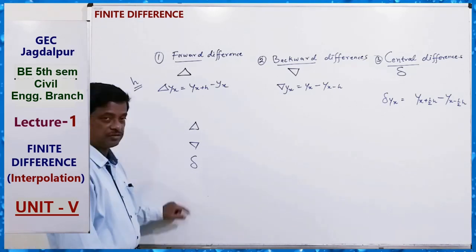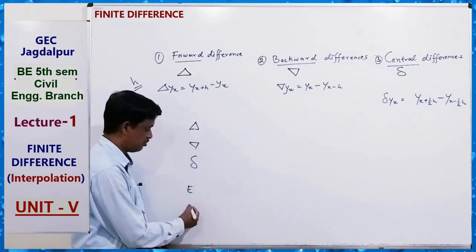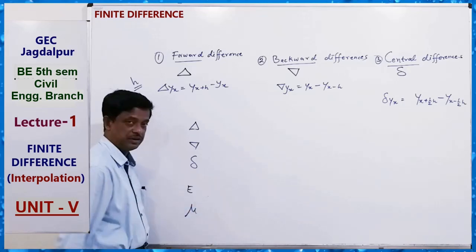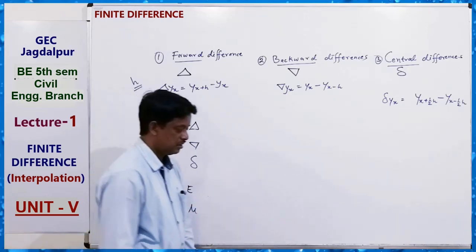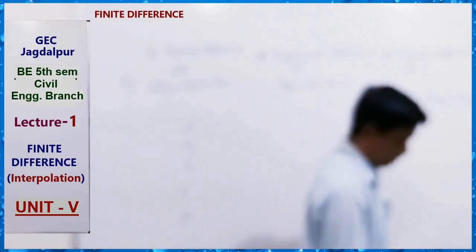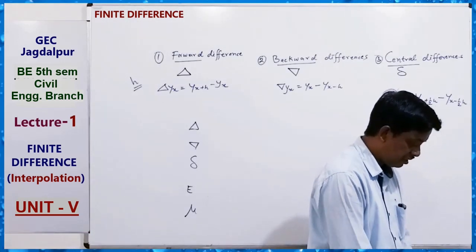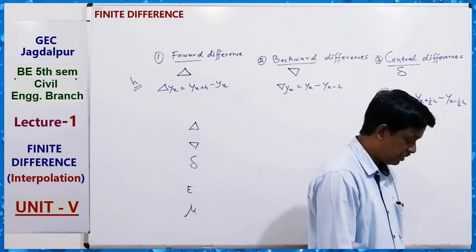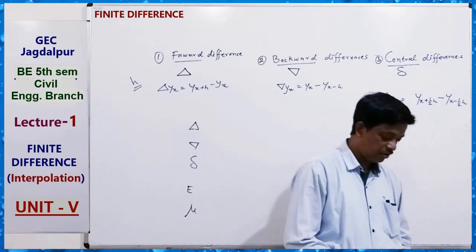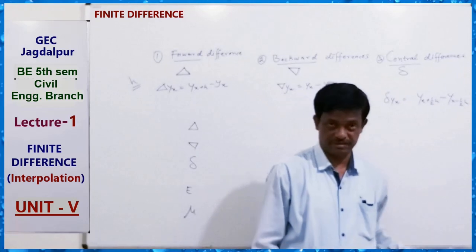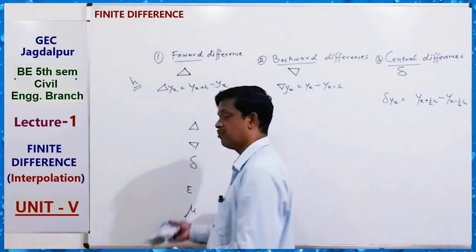There are two extra operators, the shift operator and the average operator. We will discuss them sometime later. First of all, see what is the meaning of preparing a table, and from the table how we can find the backward difference and forward difference.